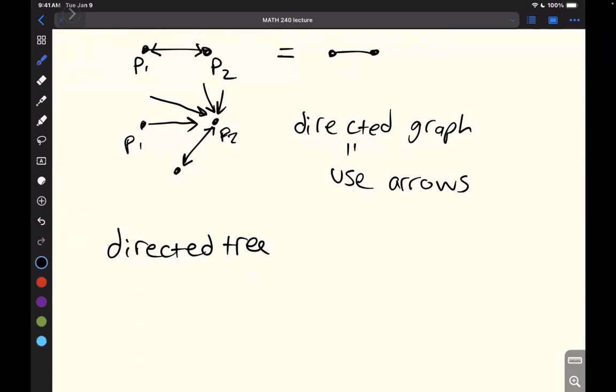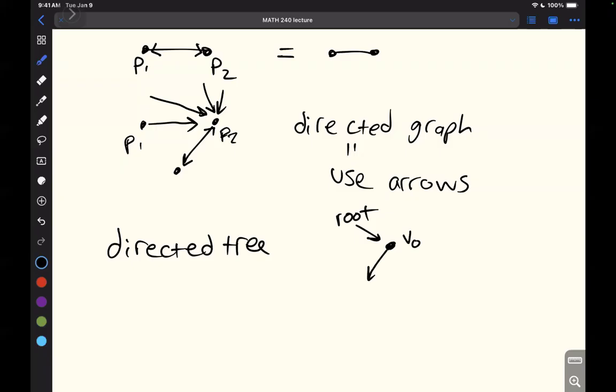It's basically a tree that we draw with arrows. And so we have some vertex, which the book calls V naught, V sub 0, and we call this the root. So this part is going to use a mix of botanical language for things and also family tree for things. So that's where we get this sort of notion.